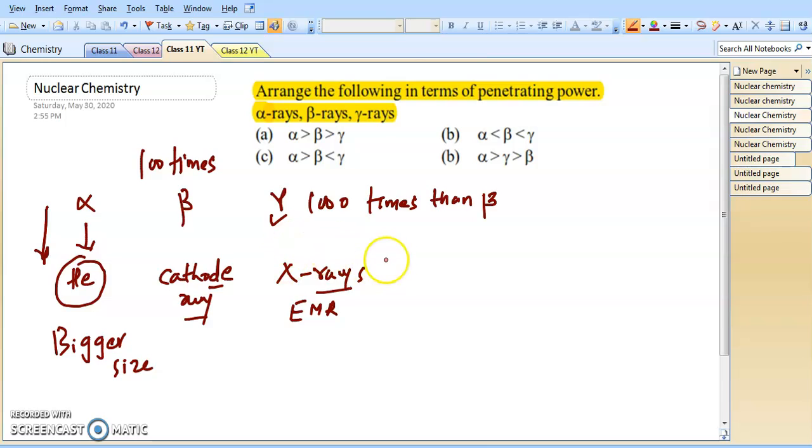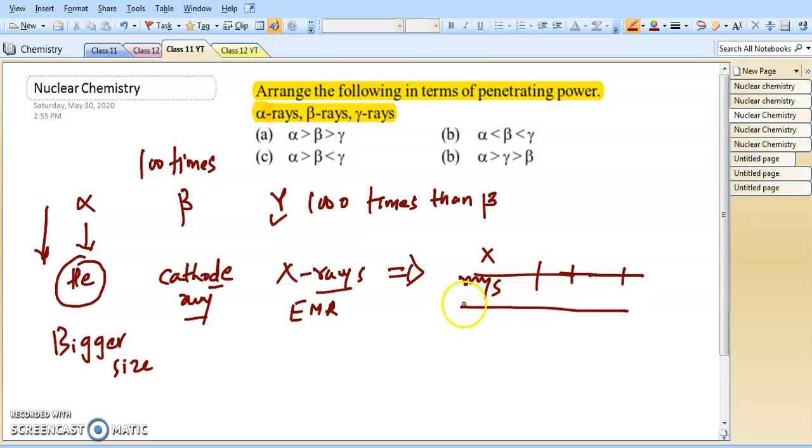So X-rays are there. Why is it so? If you see the electromagnetic spectrum, here is IR, then the visible spectrum, then UV, and then we write X-rays. In this electromagnetic spectrum, when we go from right to left, the wavelength lambda decreases but the frequency increases, and when frequency increases, we can say energy increases.